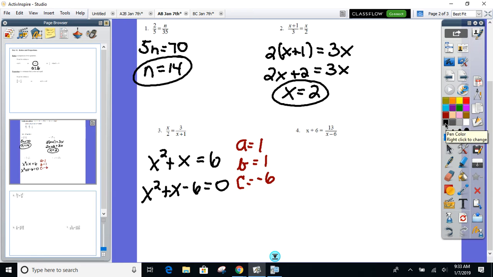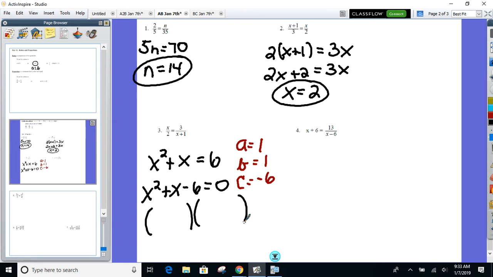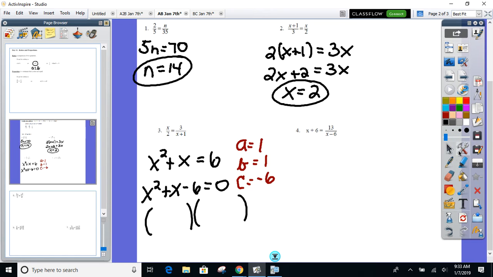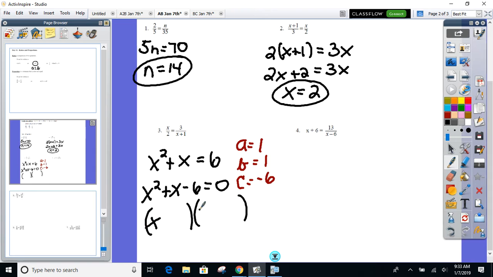So here is your job right now. Find me 2 numbers. Anybody remember that multiply to C, but add to B? So you need to come up with two numbers that multiply to -6, but when I add them together, add to +1. That's your job right now to think about that, because this is just going to stay x and x.